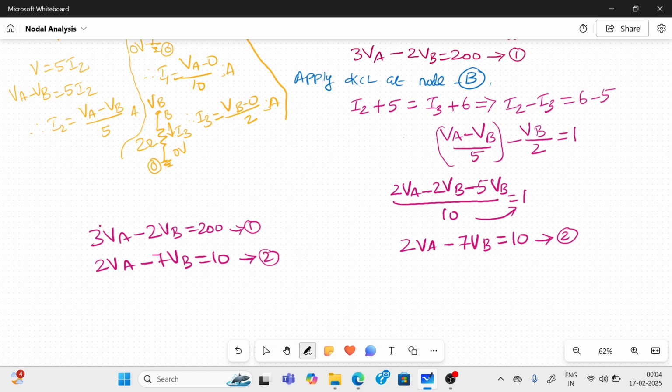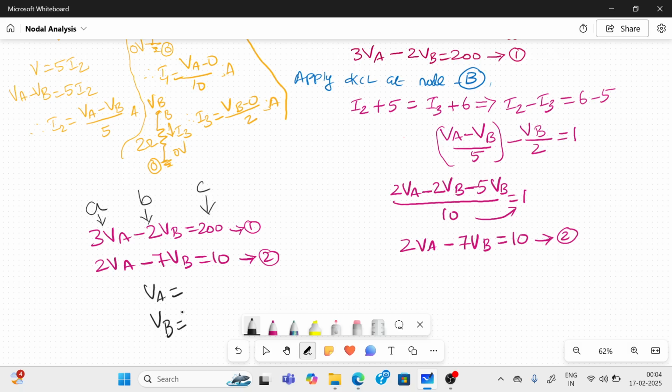So these coefficients are A1, B1, C1: A1 VA minus B1 VB is equal to C1, and A2, B2, C2. What about your VA and VB now?